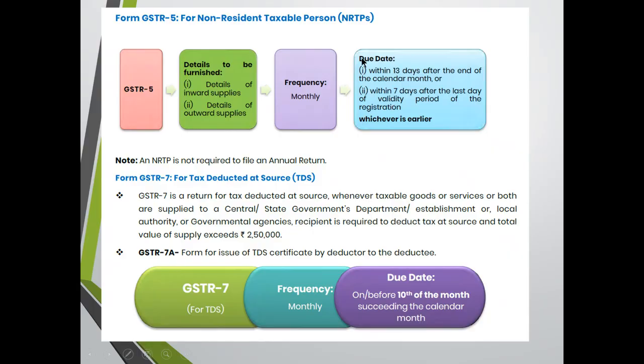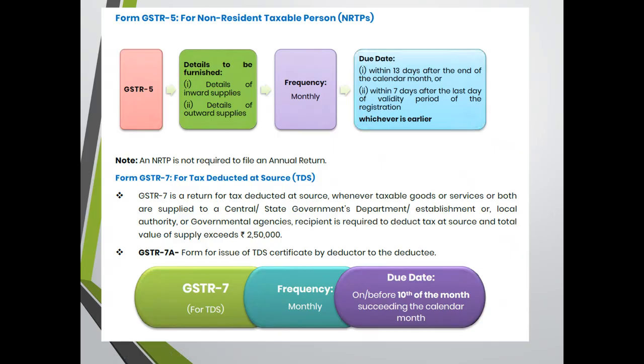And moreover, an NRTP would not be required to file the annual return in Form 9. So this is about GSTR 5. It is only a passing reference regarding all these returns, so I am not going into them practically.